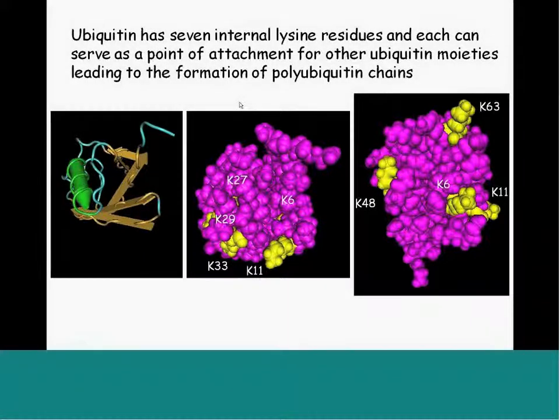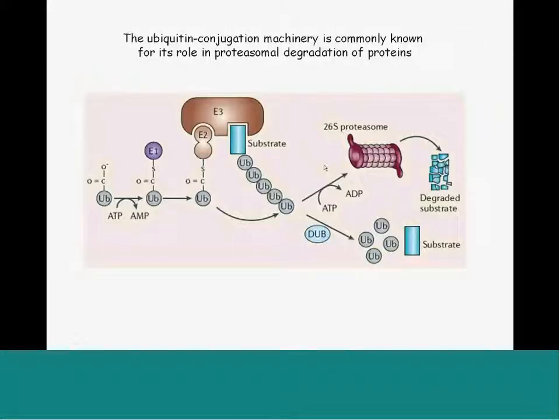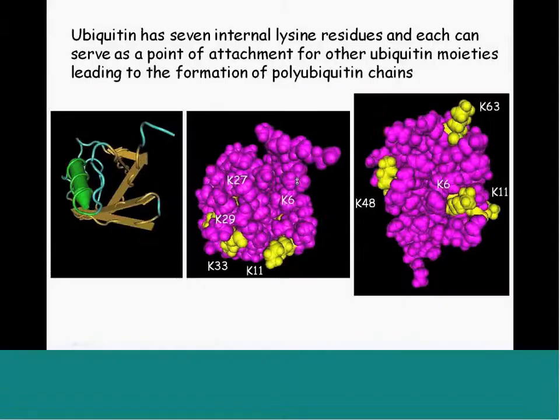Ubiquitin is a very interesting molecule, and as I said here, it can form polyubiquitin chains. It has 7 internal lysine residues. So chains can form through conjugation to any of the internal lysine residues. Notable residues are K48 and K63. So polyubiquitin chains can be formed through lysine 63 or lysine 48.